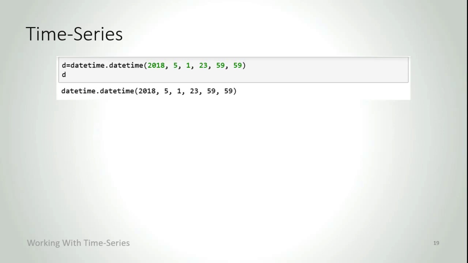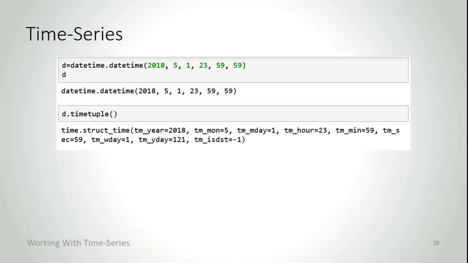So we see this datetime. Datetime is actually a structured way of talking about date and time, and it gets all these arguments, 6 arguments, and makes this date type object.